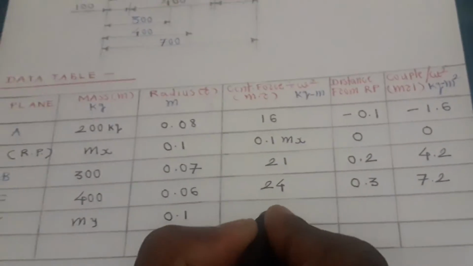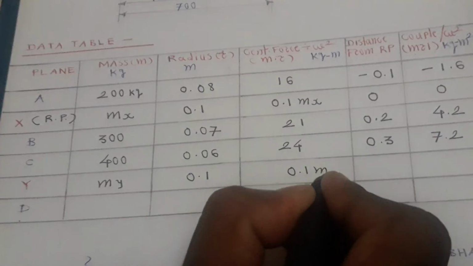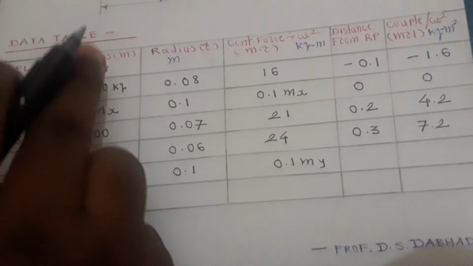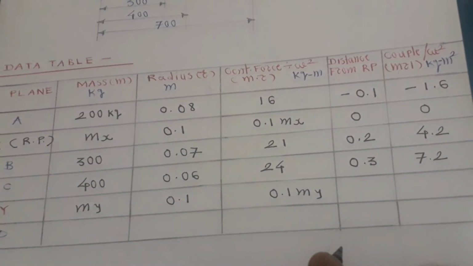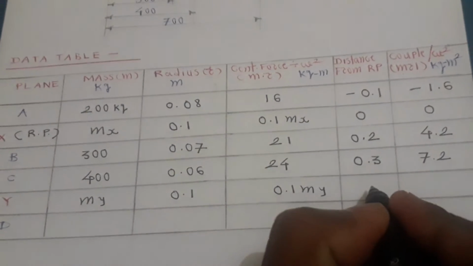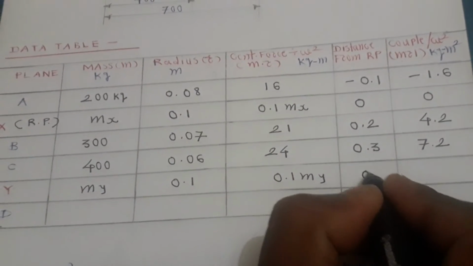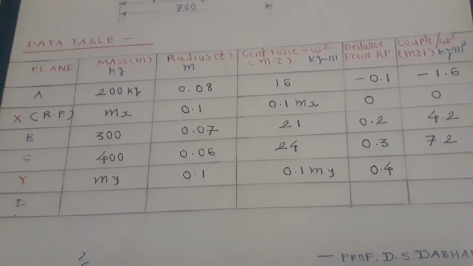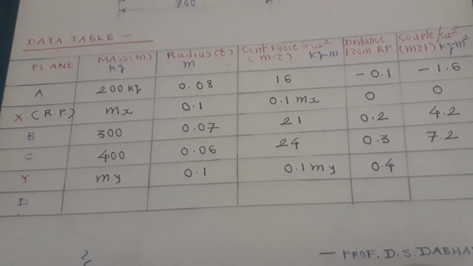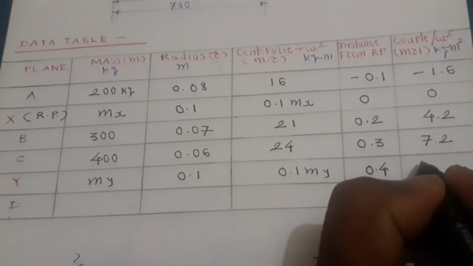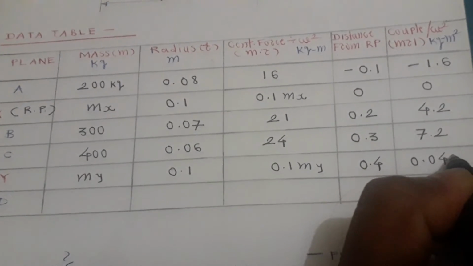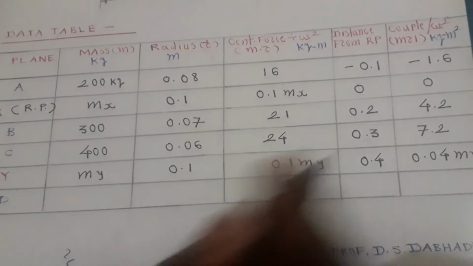For the y plane, again the mass is to be found out, the radius is 0.1. The product of these two will be 0.1 my, and the distance is 0.4 from the reference plane. Therefore this entity I will get 0.04 my.